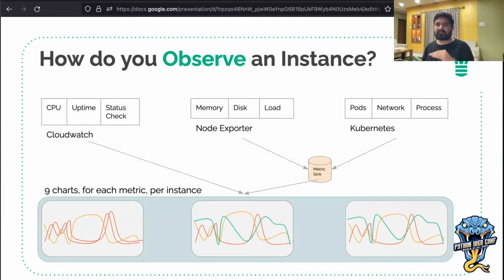So everything is running on some machine. So it becomes important to get the machine metrics to understand how the resources are being consumed. So how do you observe an instance, first of all? We go to the application, but how do you observe an instance?